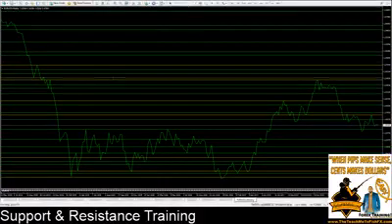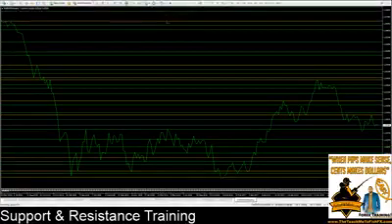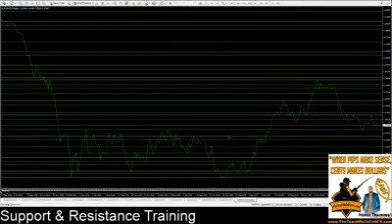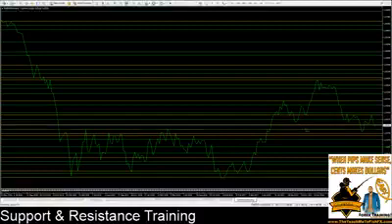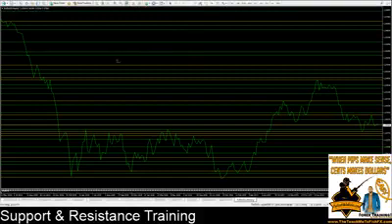It lets us know how strong it's going to be as well, because if we're at a green support and resistance line, then that lets us know that we are on a monthly, and the monthlies are typically stronger. The higher the time frame, the stronger the support and resistance is going to be. Which is good for us because we like to trade those turnaround points in the market.